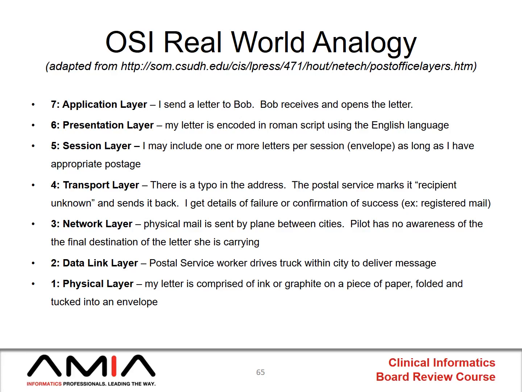And again, the pilot probably doesn't know how many boxes of letters are in the back of the plane. Doesn't really care. All he or she knows is that they're trying to go from one city to the next. At the data link layer, the post office worker drives a truck between cities to deliver the messages. And finally, at the physical layer, what's being transported is ink or graphite on a piece of paper folded and tucked into an envelope.